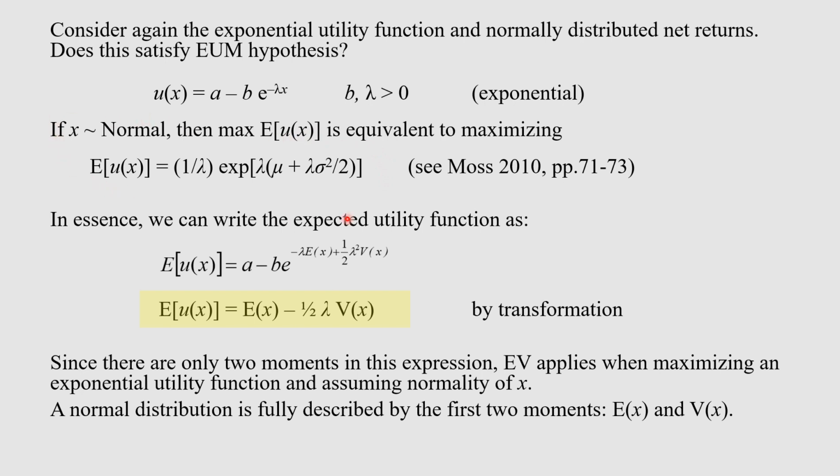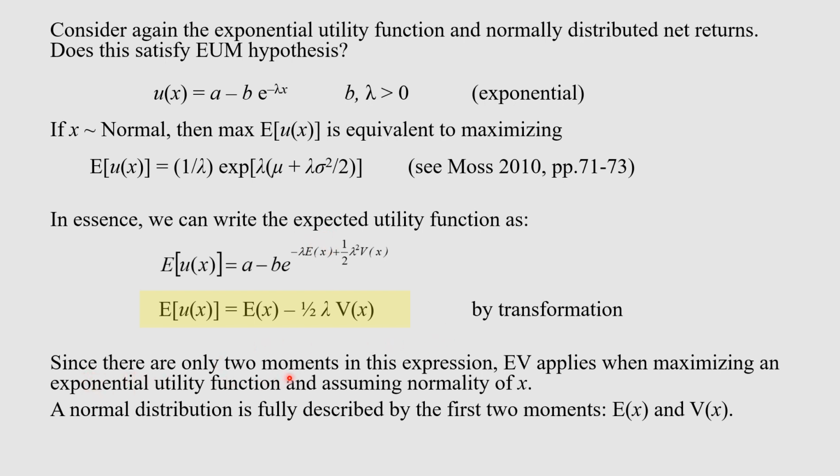Okay, and we know that from a paper. In essence, we can write the expected utility function as expected utility E of x minus 1/2 lambda V of x, from this part here by a transformation.